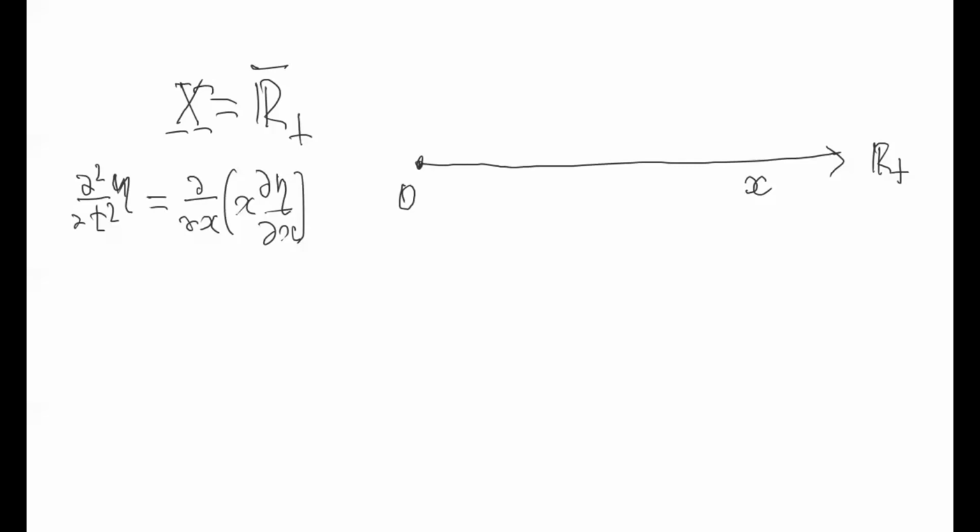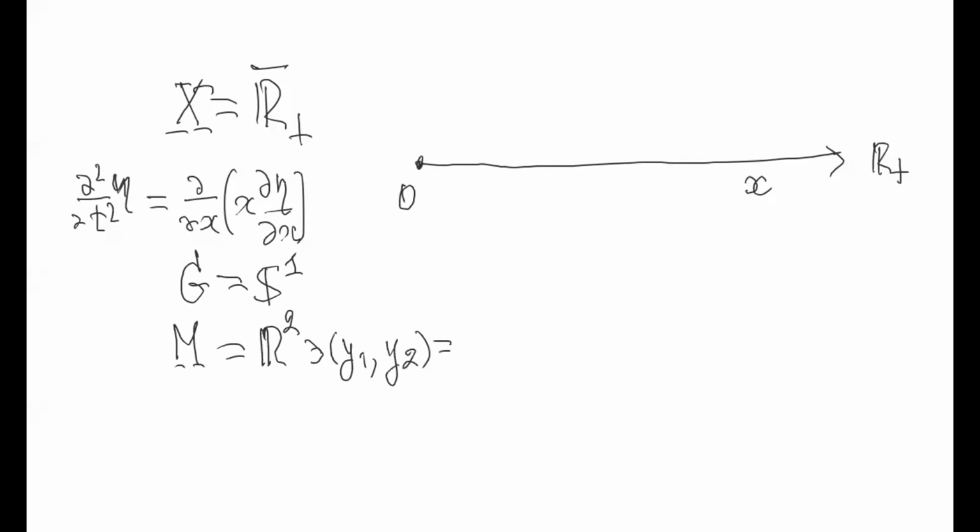So the group will be S1, just the circle. The smooth manifold M will be R2, with coordinates, say, y. The group G acts on M in the usual way by rotations.